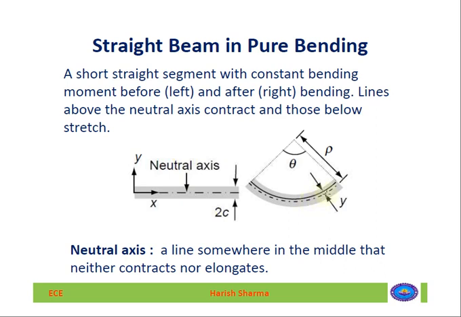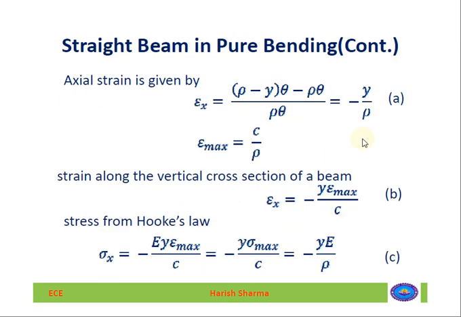So for this line we can write epsilon x equals rho minus y into theta, minus rho theta, upon rho theta. After calculation we get minus y upon rho.